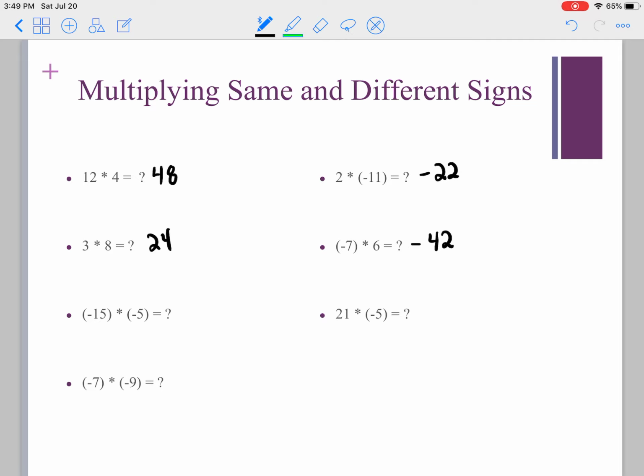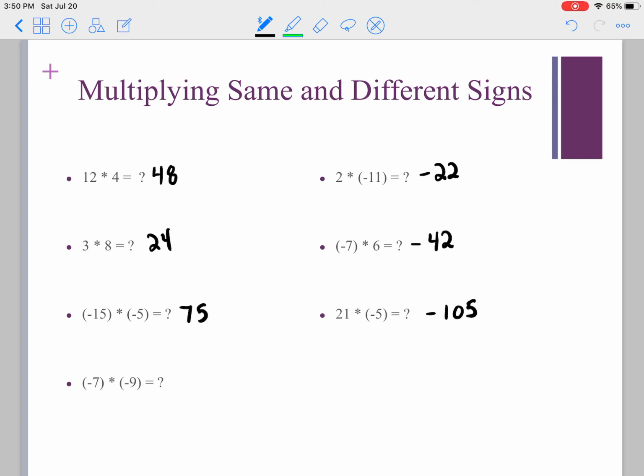Negative 15 times negative 5 is going to equal a positive 75. 21 times negative 5 is equal to a negative 105.